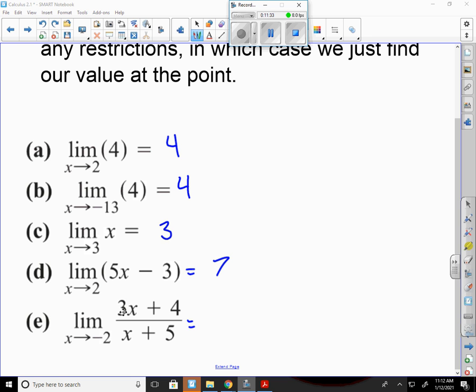So I can just plug that into the value of x and come up with my answer. Three times negative 2 is negative 6. Plus 4 is negative 2. Negative 2 plus, sorry, this is a 5, gives me 3. So my answer is just negative 2/3.